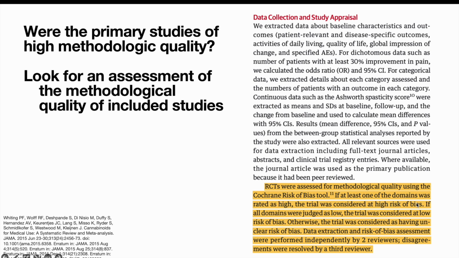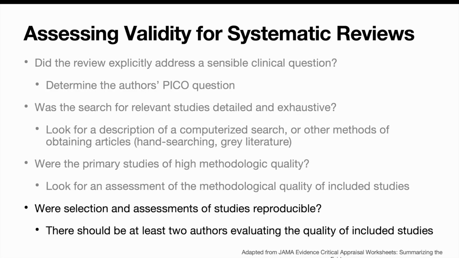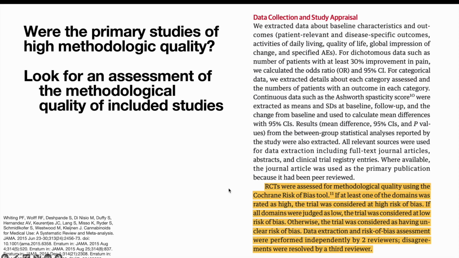So they use that tool to see if one was considered a high risk of bias or a low risk of bias, an unclear risk of bias as well. Risk of bias assessment was performed independently by two reviewers, and once again, the disagreements were resolved by a third reviewer, the tiebreaker. So they did look very hard for good methodology in the studies that they were including in this systematic review.